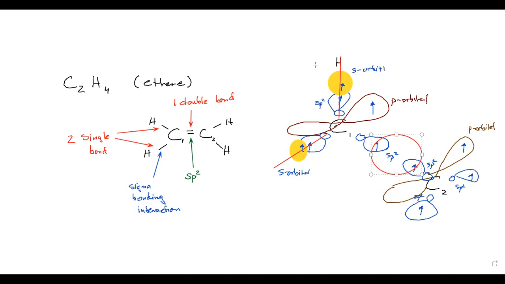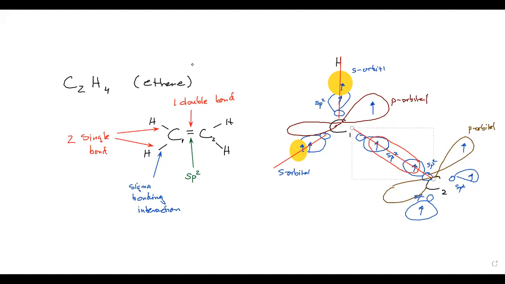That doesn't look so good, let me go ahead and erase that. These two are going to get close enough together that they will overlap in a linear manner. So there's that overlap, the sharing of the 2 electrons. Therefore you can draw a straight line through that interaction.